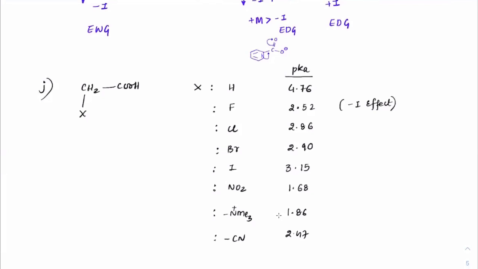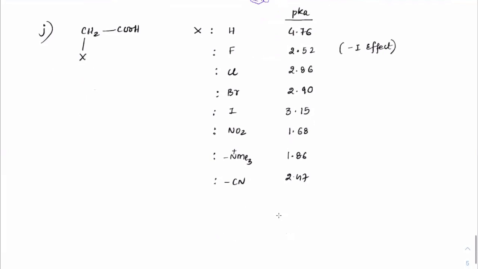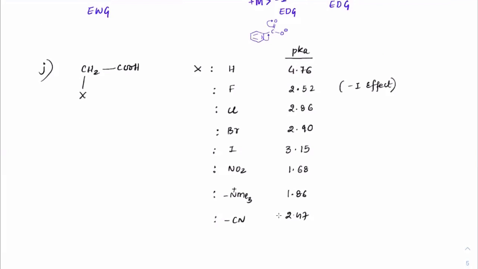In fact, the minus I effect has been checked experimentally on the basis of the pKa values of the respective acids. So from here you can easily confirm which has the most minus I effect, students. This one, right? Nitrogen with 3 methyl groups and positive charge. And I've always been telling you that any species which possesses a positive charge will always have a very high minus I effect.